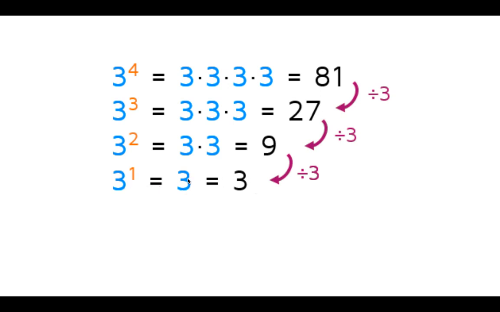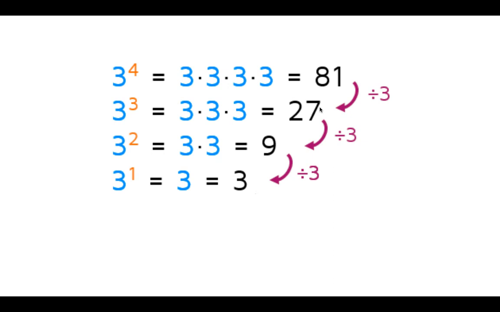If we look here very closely, I think you notice in this pattern, I have my exponents decreasing by 1 with each example. And as we decrease the exponent by 1, or the power by 1 here, look what happens to the result. Each time from 81 to 27, how do I get there?